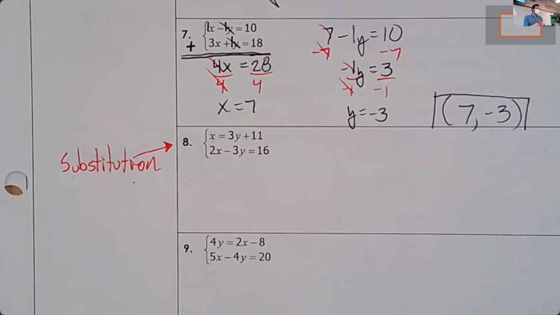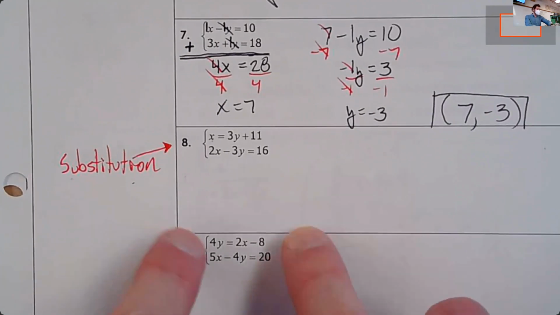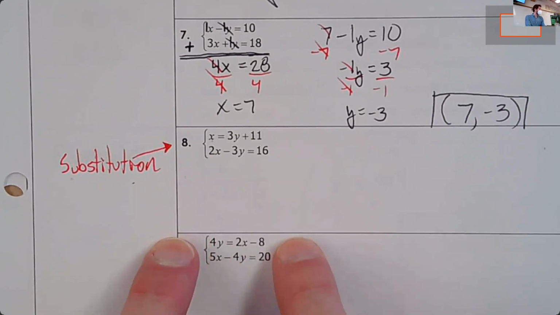As I mentioned on the first page, we usually use elimination when both equations are in standard form. The second equation here, 5x minus 4y with the x and the y on the left-hand side, is in standard form. The first equation is not.